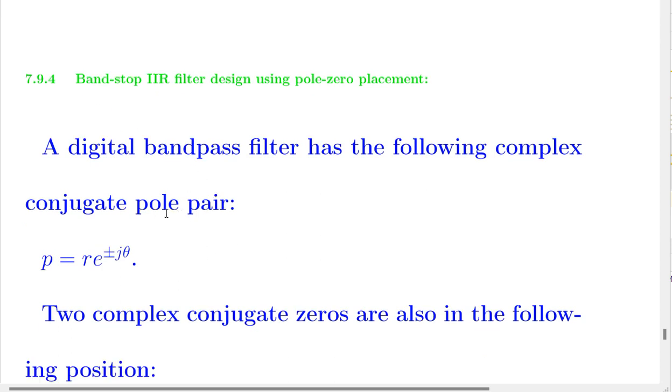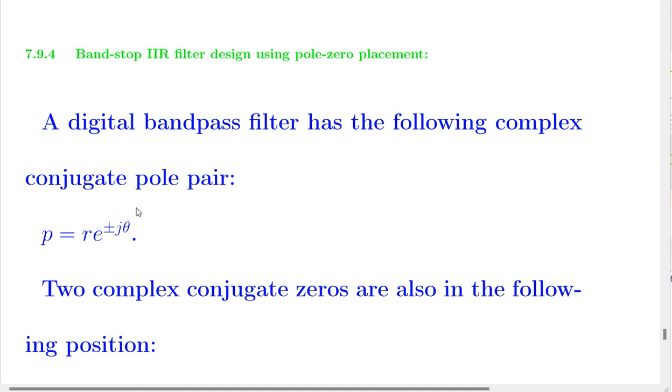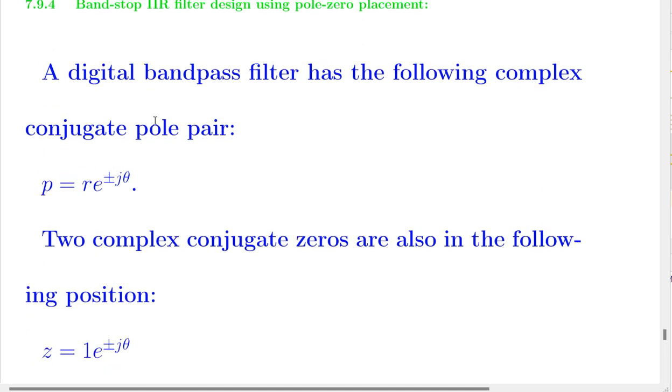Now, band stop. A digital bandstop filter has the following complex conjugate pole pair. Sorry, typing mistake, band stop. P is equal to R times e to the power of plus minus j theta.